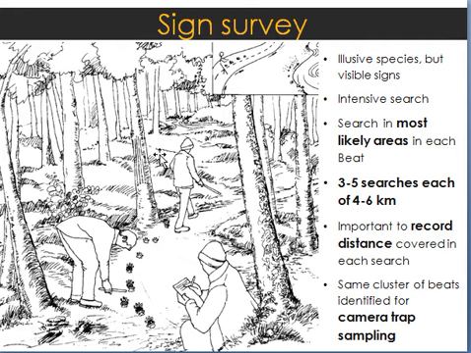As wild animals are generally always on the move, we need to repeat it about 3 to 5 times. Next, it is important to record the distances covered in each search, which should be noted in each sign survey recording, in any type of forest area or forest beat. Then the same clusters or beats are identified for camera trap sampling. Move forward to the next slide.